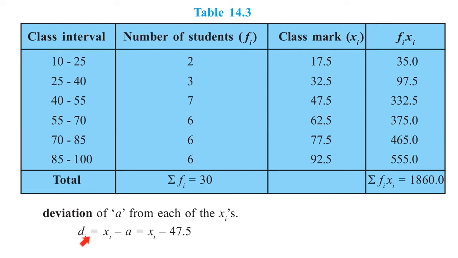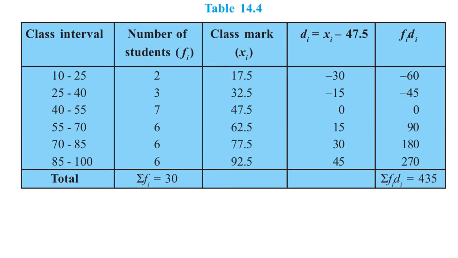So this is called the deviation of A from each xi. So 17.5 minus 47.5, then 32.5 minus 47.5, we will get the deviation here. Then we will get the deviation here, which is obviously going to be 0. We will get the deviation here and here and here. So let us put that in the form of a table now.